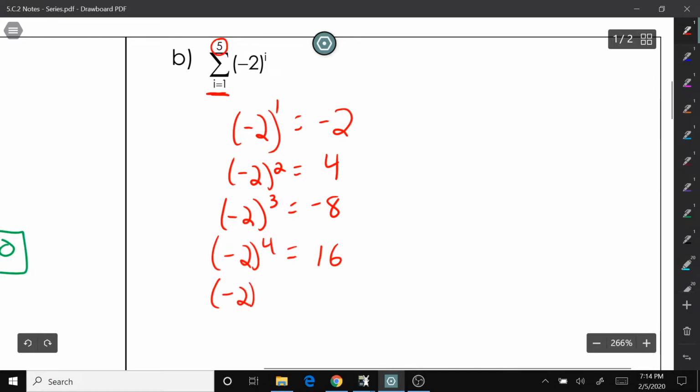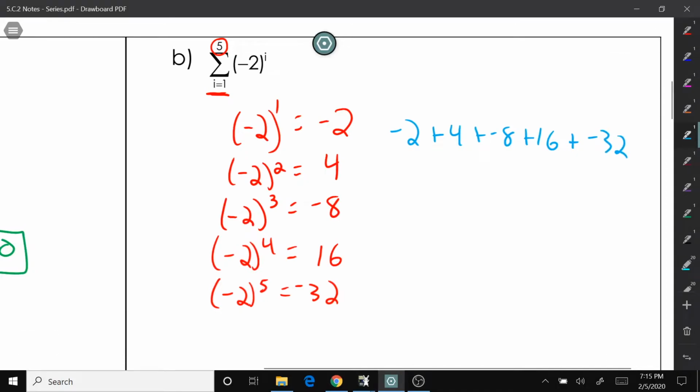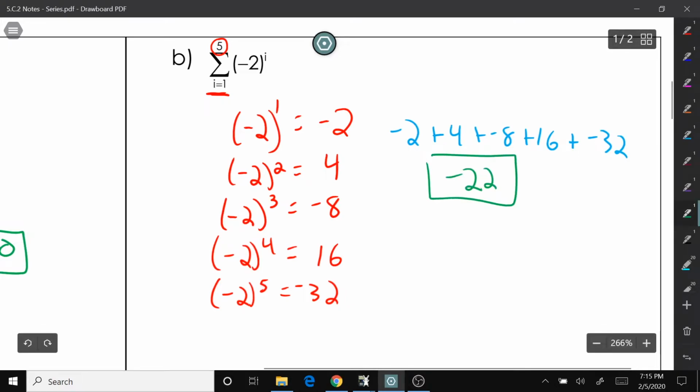And negative 2 to the fifth power is negative 32. So then we need to add these up. Negative 2 plus 4 plus negative 8 plus 16 plus negative 32. So we type that all into the calculator, and we get negative 22 is our answer.